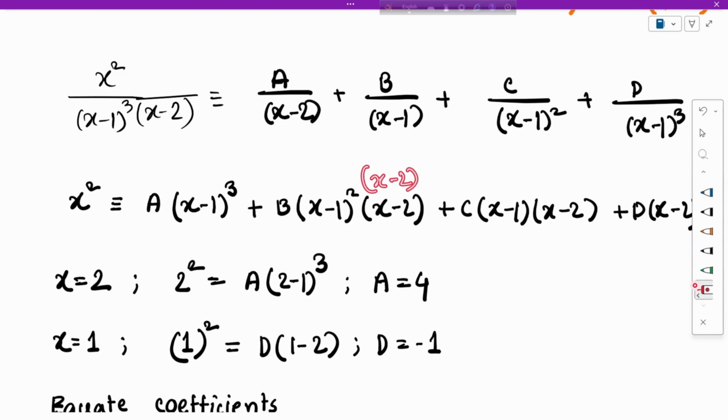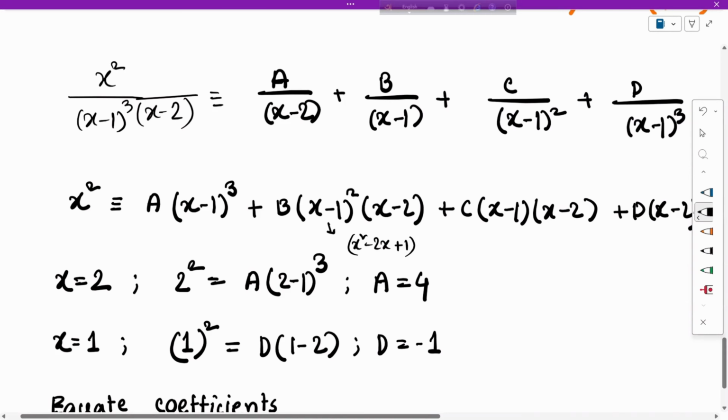So let me break this. x minus 1 whole square contains x square minus 2x plus 1, and this is x minus 2. If we multiply these two, we get a value of x cubed, right? So b is going to have a coefficient with x cubed.